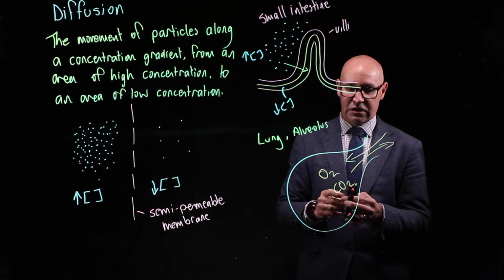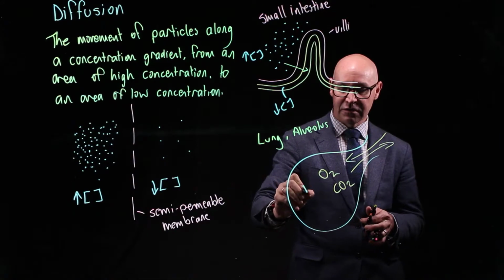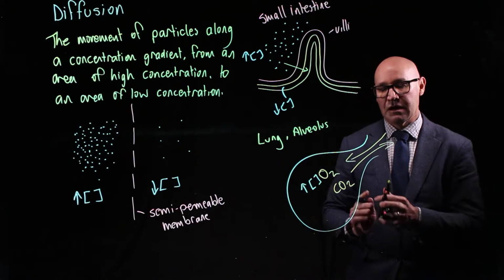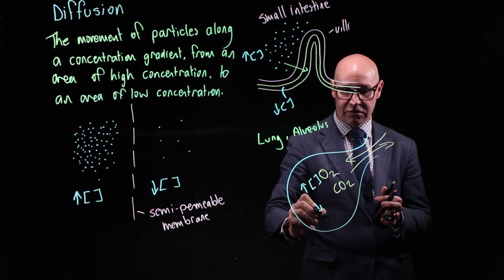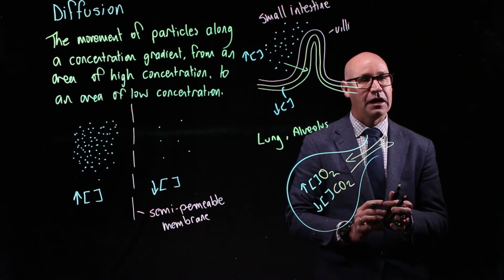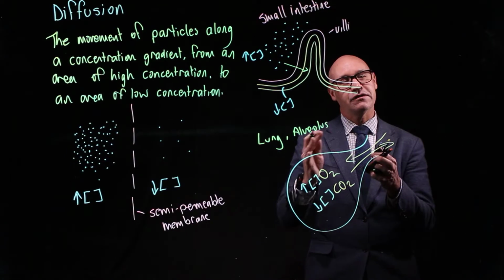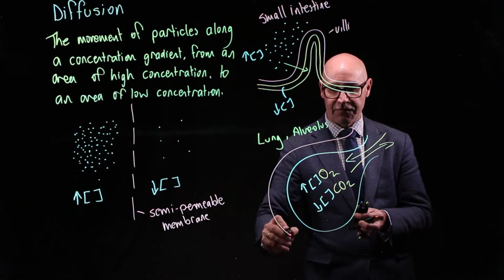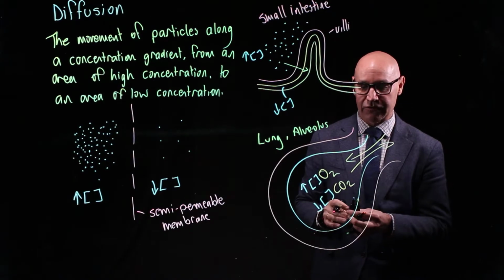And so if oxygen's coming in, that means we have a high concentration of oxygen. We're breathing out the carbon dioxide, so we have a low concentration of carbon dioxide. Now, again, we have gas exchange. So wrapped around each one of these alveoli is a very small blood vessel.